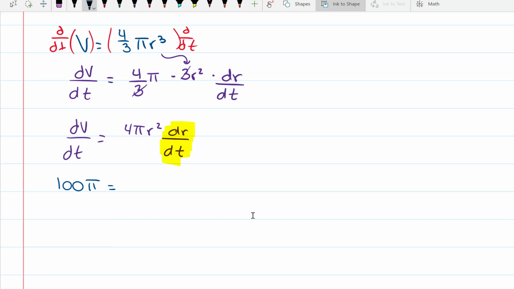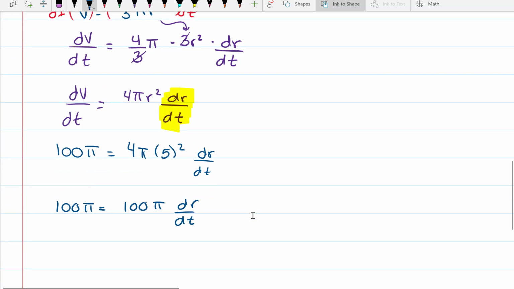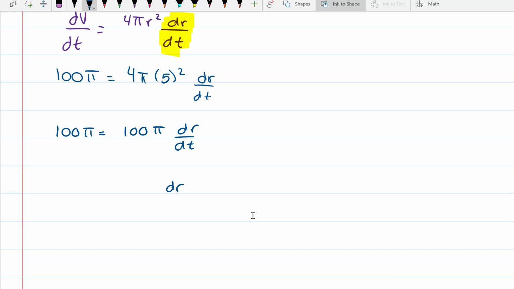And we know at the second that we're going to have r is 5. So we get 100 pi is equal to 100 pi dr dt. We divide both sides by 100 pi, and we get dr dt is equal to 1.